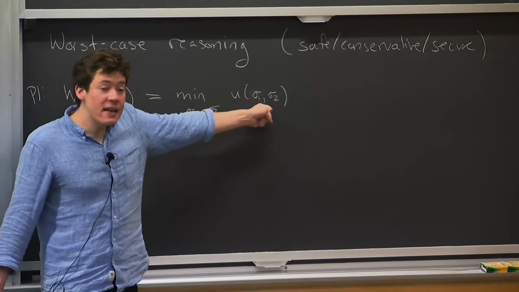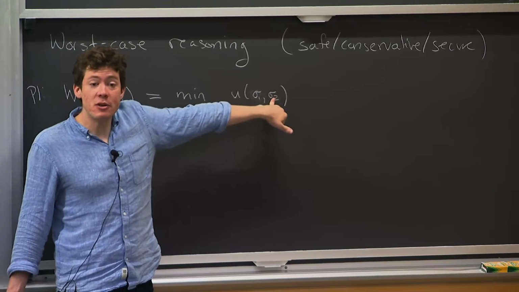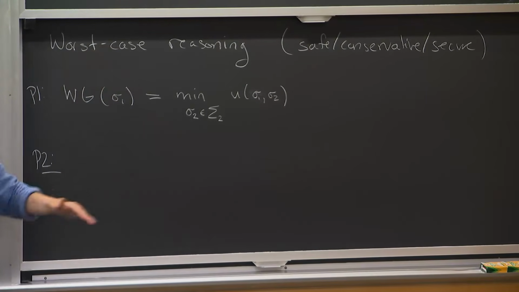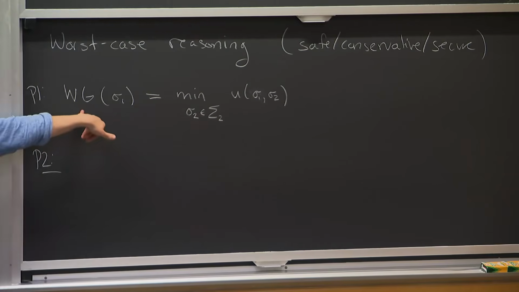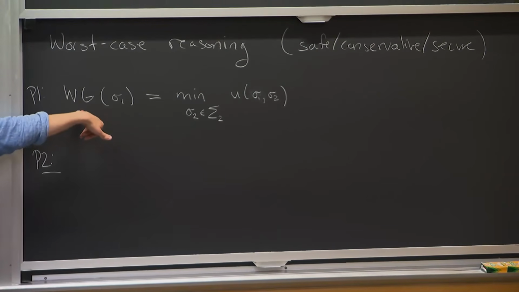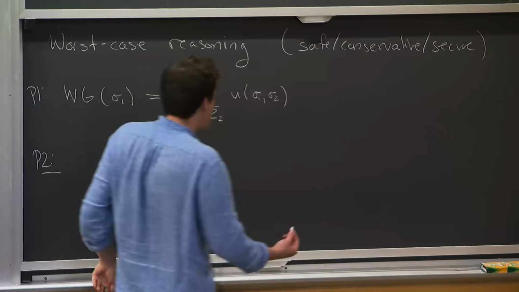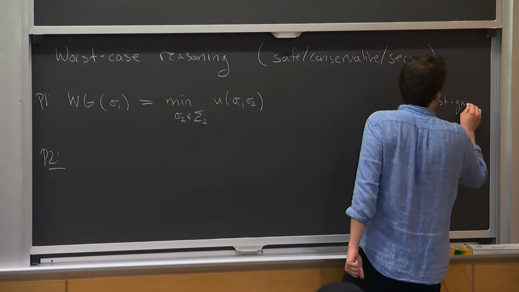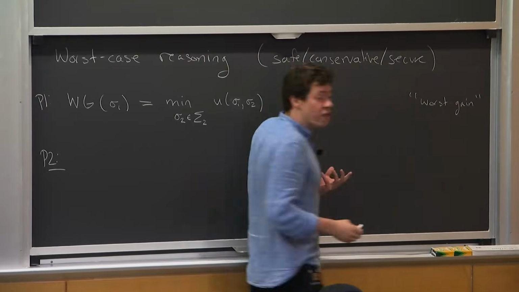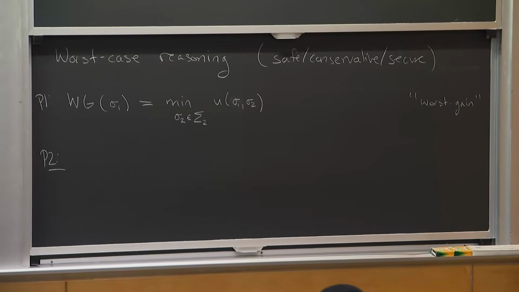Well, the payoff I get is going to depend on the strategy sigma 2 that my opponent plays. But I'm going to evaluate a minimum to think of the worst thing that could possibly happen. And I'm going to call that my worst gain, WG, worst gain from sigma 1. And gain reflects the fact that for me, u, the payoff, is a gain. It's a good thing for me.